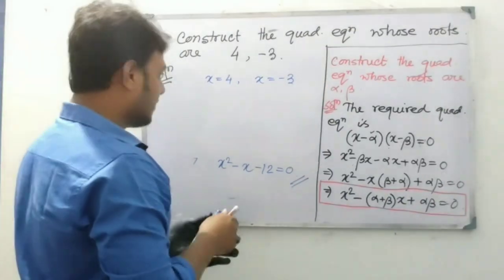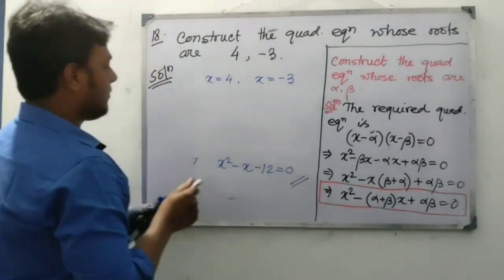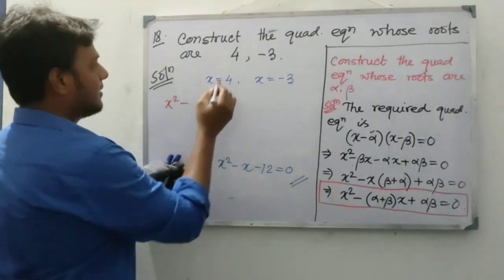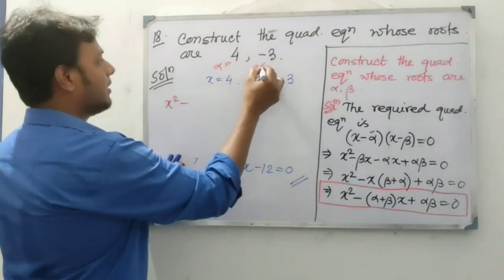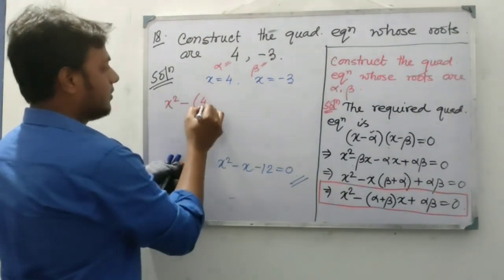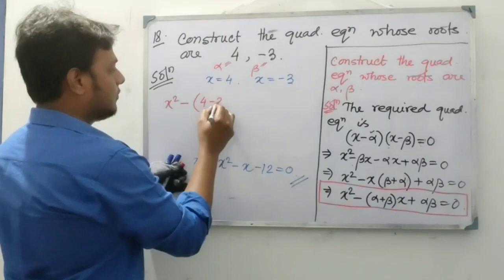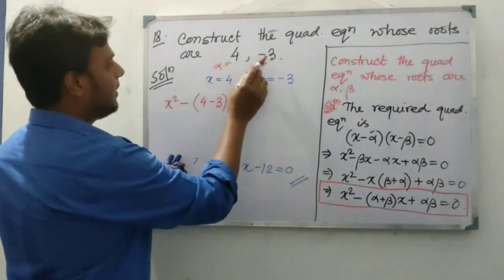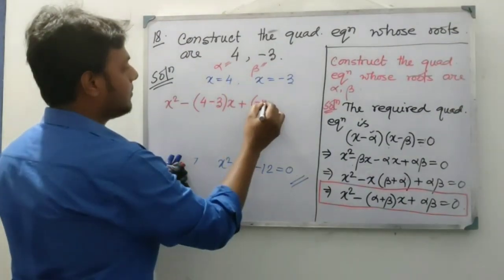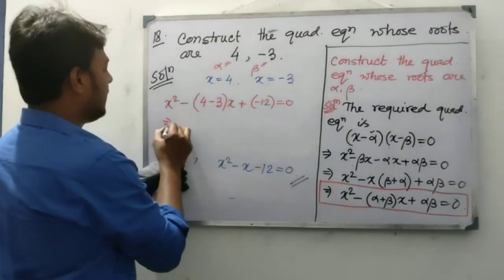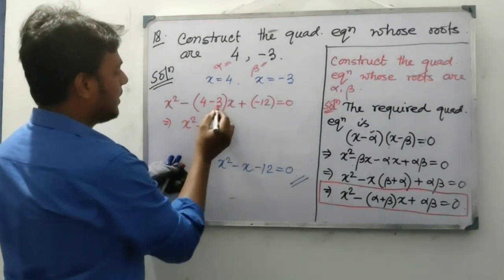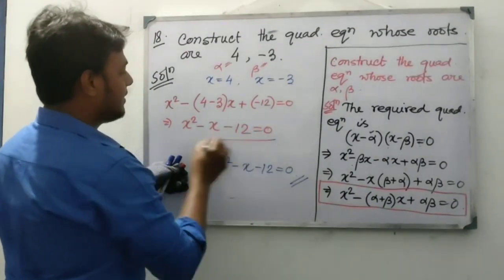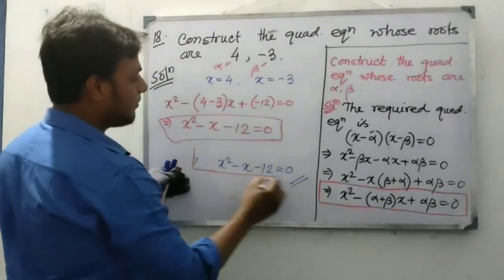See, x square minus, alpha means 4 and beta means minus 3, so 4 minus 3 into x plus alpha into beta, we have to multiply these two, 4 into minus 3 is minus 12, equals to 0. This is nothing but x square minus 1 into x, only x, minus 12 equals to 0. See, this answer and this answer are the same.